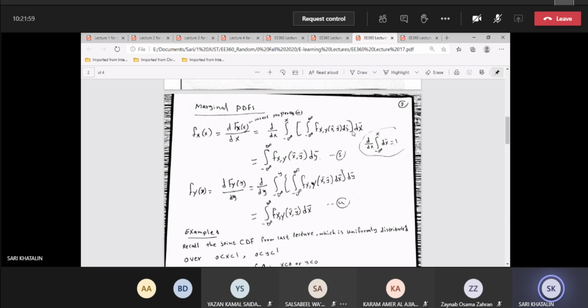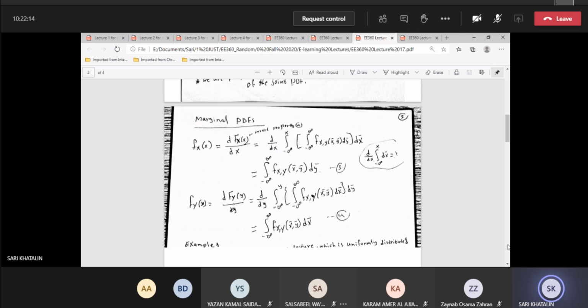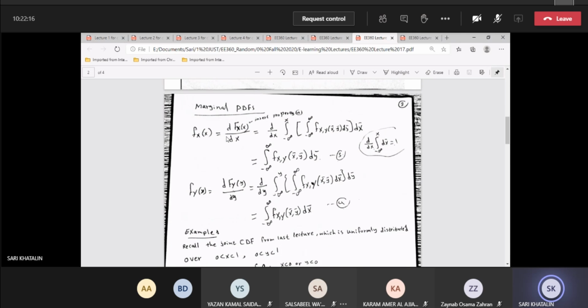So outside is equal to 1, then we will end up with the one inside. And that's how we ended up with the first part of equation 6, which is the marginal PDF for X. And similarly, we have the marginal PDF of Y.